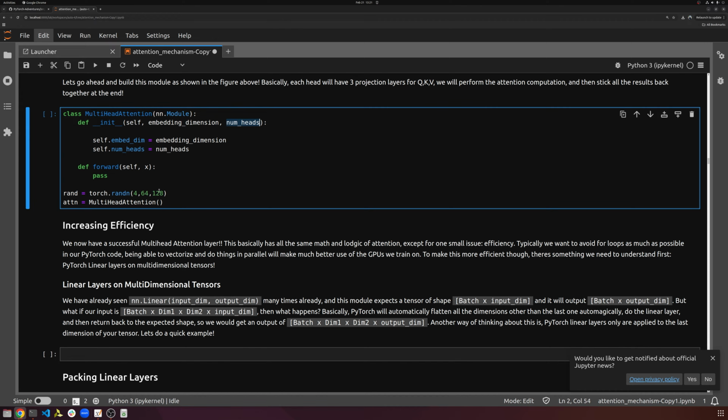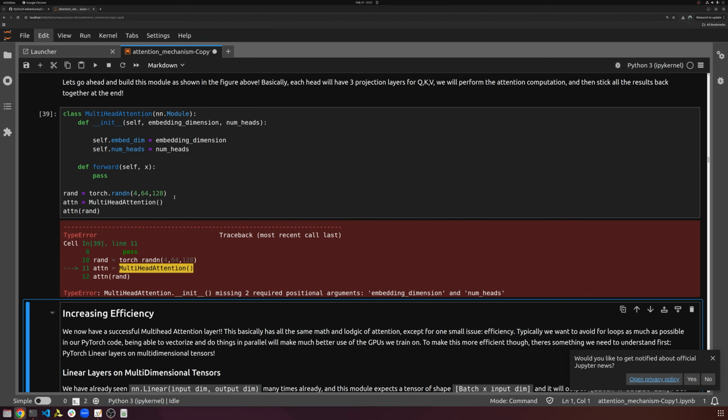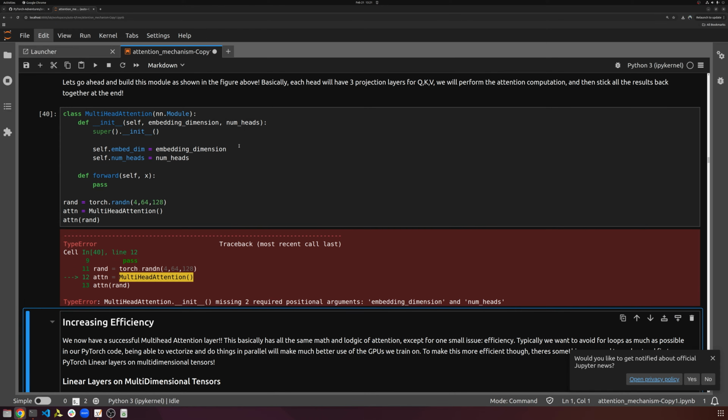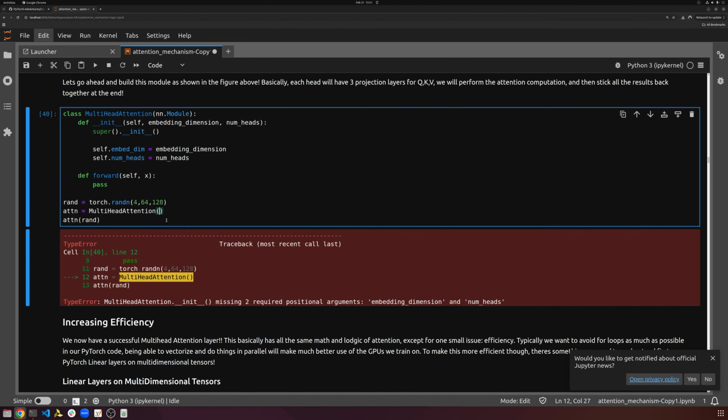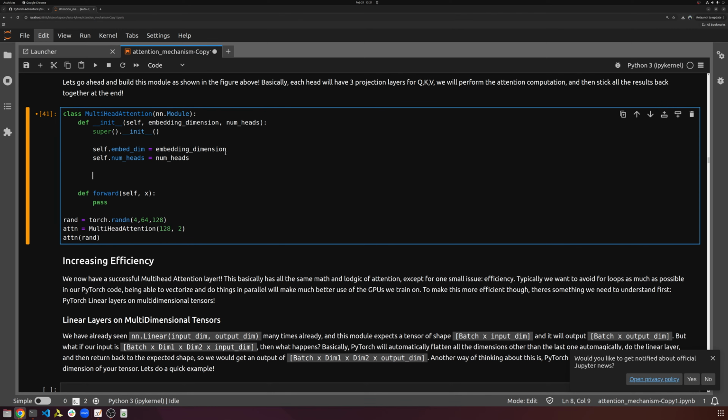But if we pick 2, then we'll actually be producing multiple heads of attention. So let's go ahead and try this attention rand. Again, just like always, I forget the super.init. There we go. And we need to provide here the embedding dimension 128. And for now, let's do 2 heads of attention. We can make it bigger later, but for now, keep it simple.